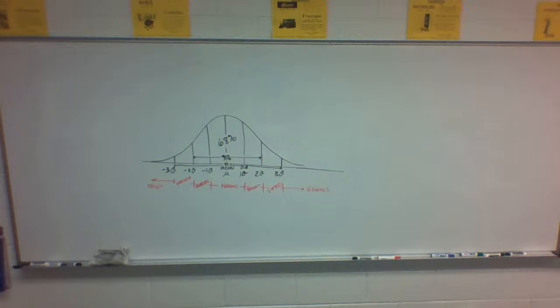Oh, by the way, the function which makes this curve is 1 over the standard deviation times the square root of 2 pi, all times e to the negative (x minus mu) squared divided by 2 sigma squared, where x is wherever you are on the x-axis.